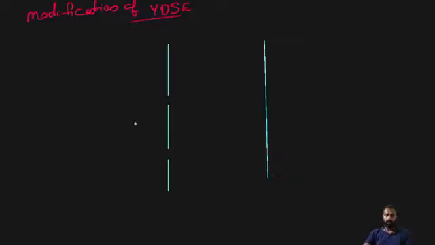So this is my light source. This is my central O. If there is no glass slab, the light ray can pass here, like this. Here a central bright fringe is forming.